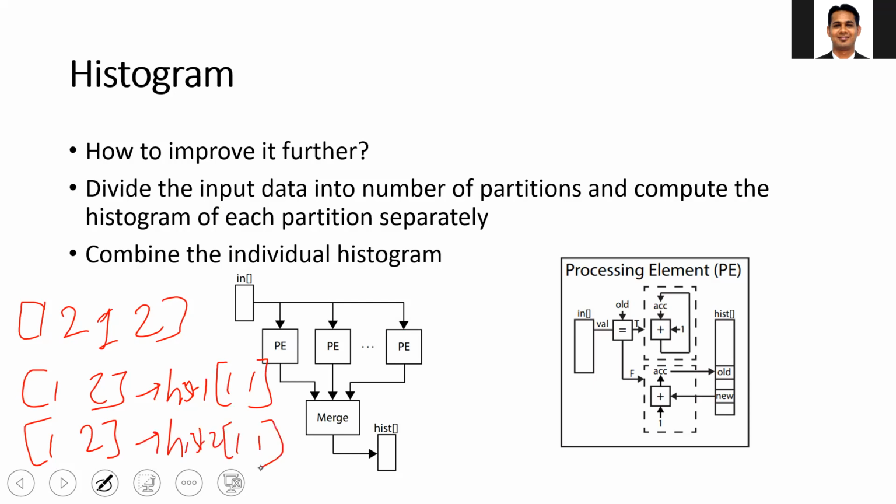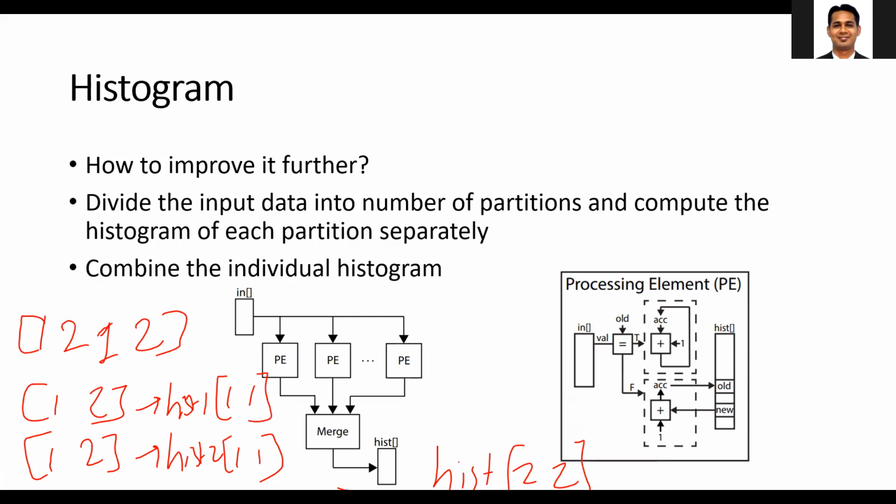That means each contains one element of value 1 and one of value 2. And then I'll get the final histogram, which is 1 plus 1, that is 2, 2. So that indicates that my input contains two elements of value 1 and two elements of value 2, and this is what I'm doing.